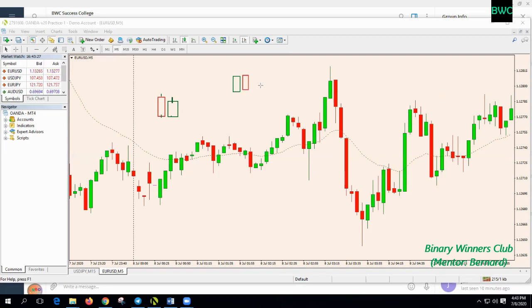Are we there? We are going to set up the signal itself from there. I just want you to be aware of this because we'll be drawing on support and resistance based on this pattern only.